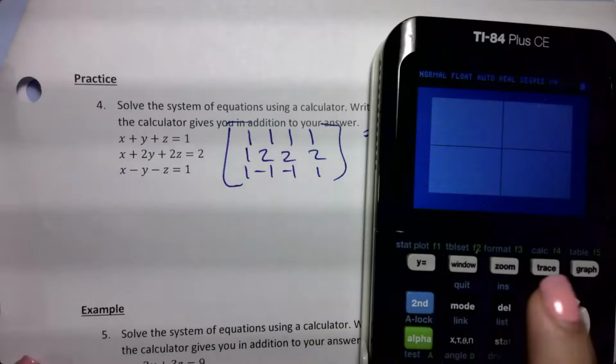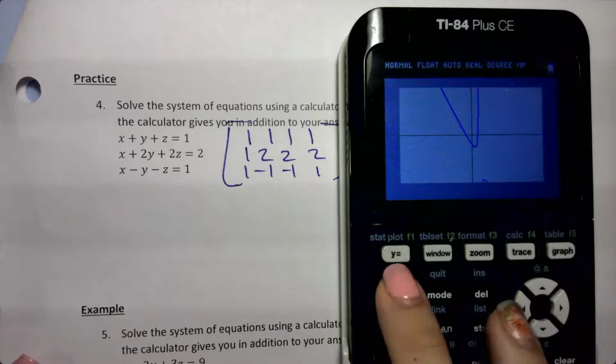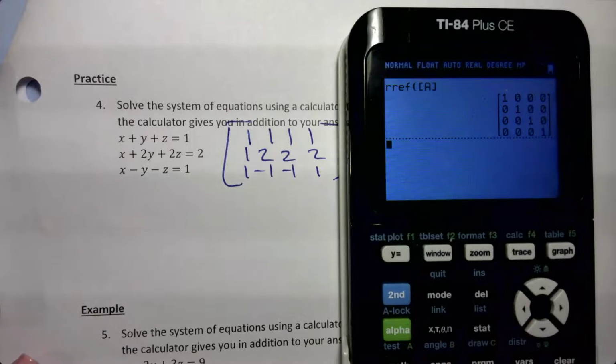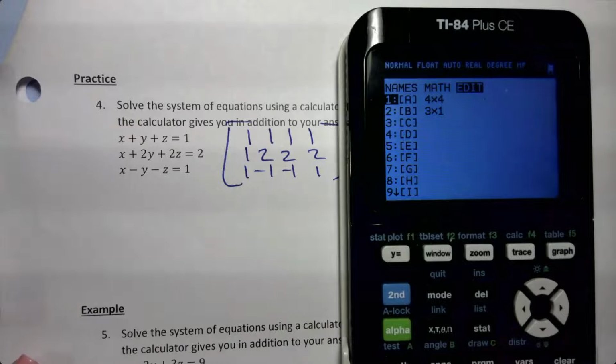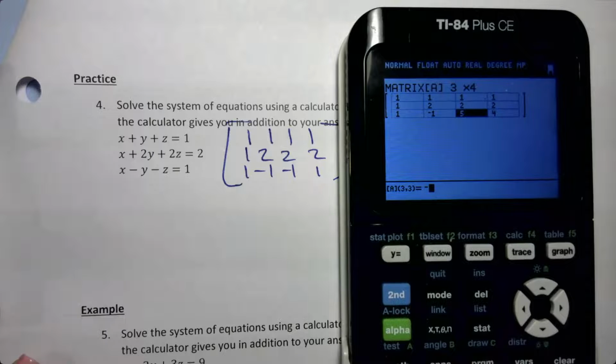Oops, I hit the wrong button. I have to wait. There you go. So now I can go clear. I'm going to go second matrix, edit. This time I have a 3 by 4. So I have 1, 1, 1, 1, 1, 2, 2, 2, 1, negative 1, negative 1. Oops.